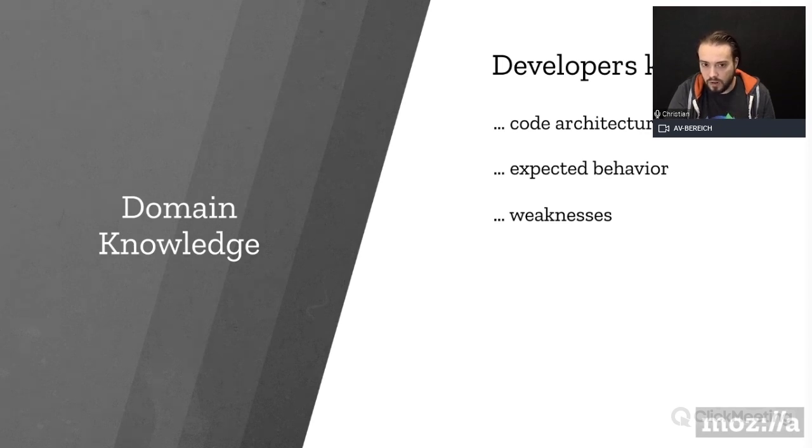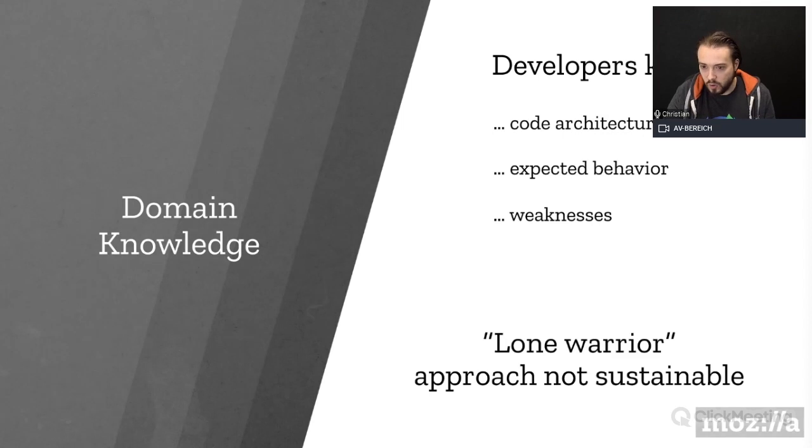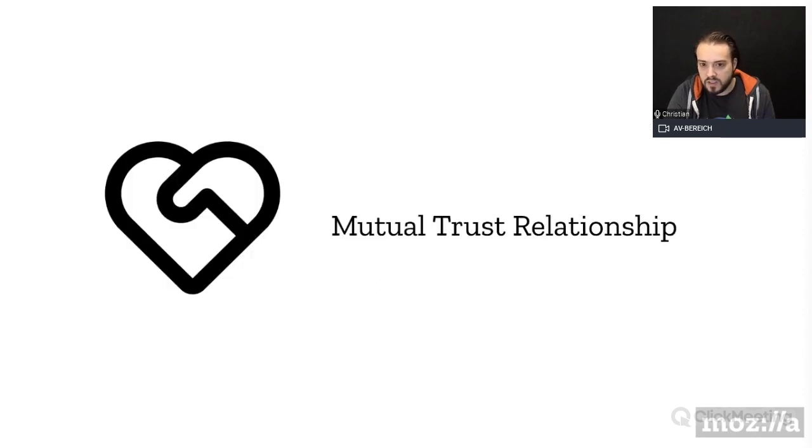So overall, I think it's pretty clear by now that this lone warrior approach of fuzzing is not sustainable. You might be able to get some fuzzing up and running. You might even be able to find some bugs. But if you want to have continuous, sustainable, highly efficient fuzzing operations, it's not going to work in solitary. So instead, what we need is a mutual trust relationship between the developers and the people who deploy fuzzing.